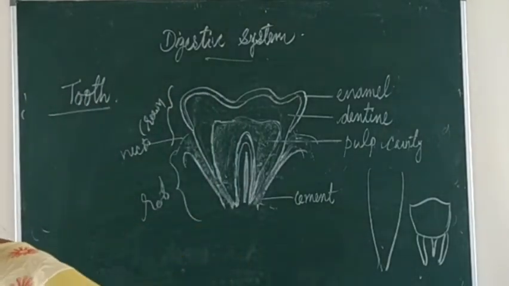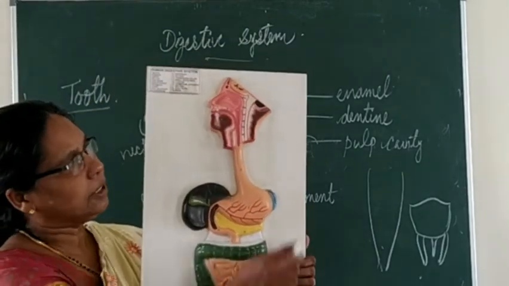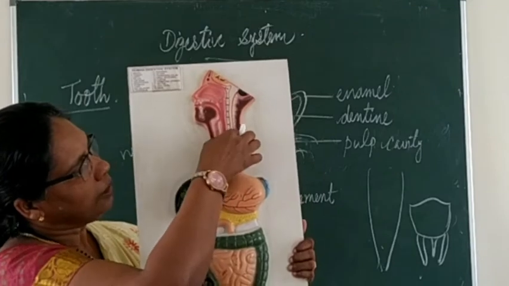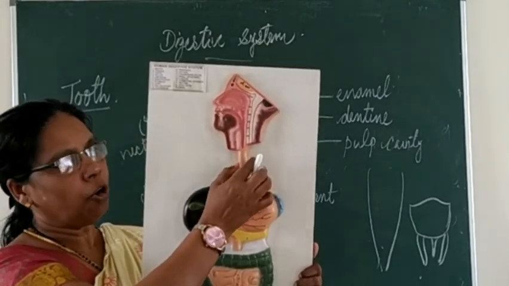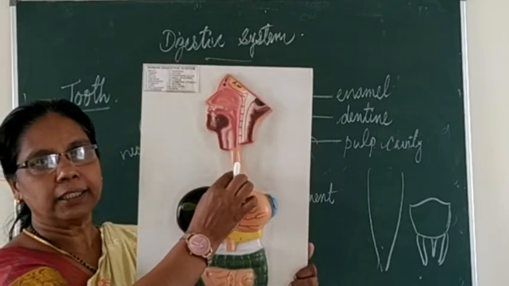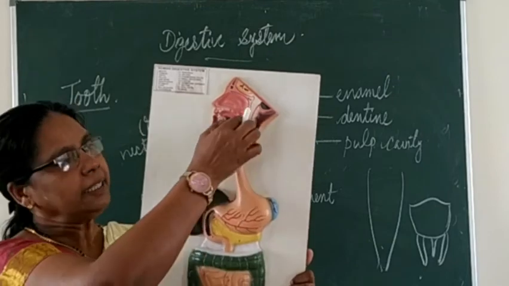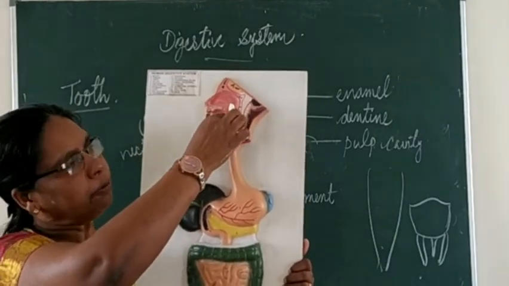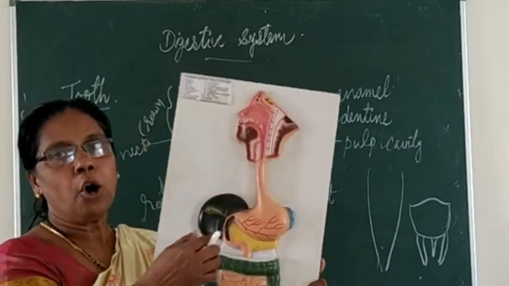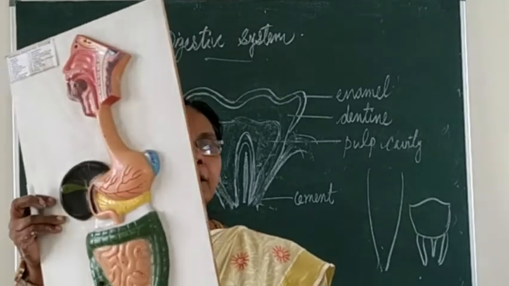Gut is nothing but what? This region is called the gut. So this is the digestive system. From the mouth, the food is passing. This is called the food pipe, otherwise called the esophagus. So food in the form of a small bolus is entering, the tongue is pushing this food into this small tube which is called the esophagus.